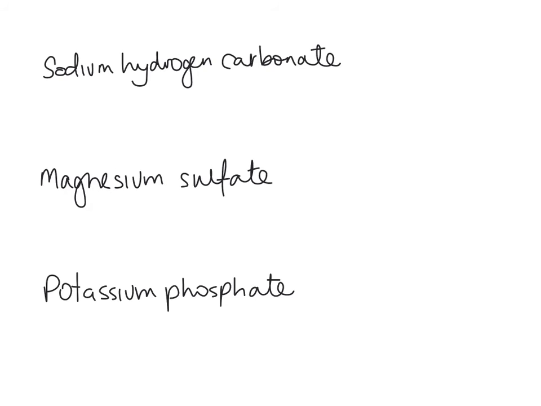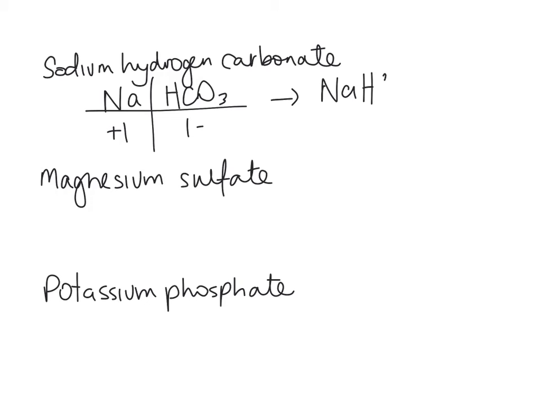Okay, now I'll show you how to do it using the zero-sum rule. So sodium hydrogen carbonate. So the charge on hydrogen carbonate is 1 minus, the charge on sodium is 1 plus. They add up to give you 0, so the formula is NaHCO3. Magnesium sulfate.